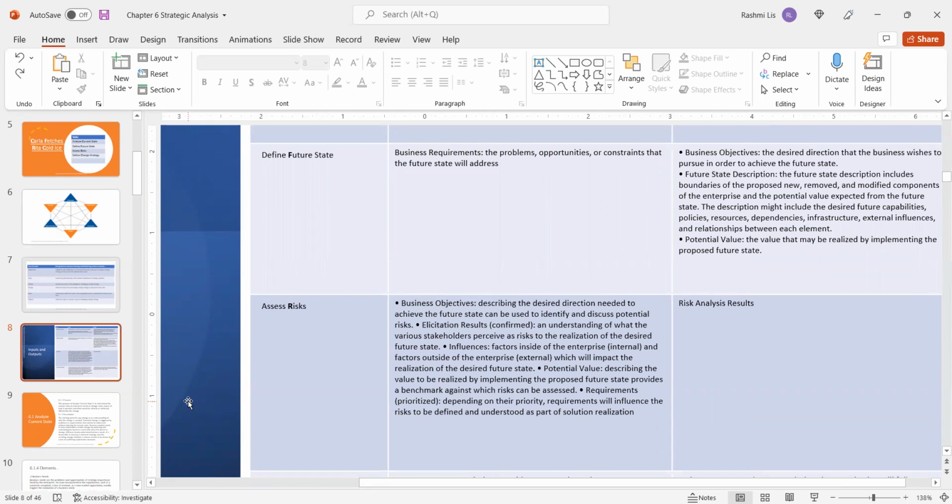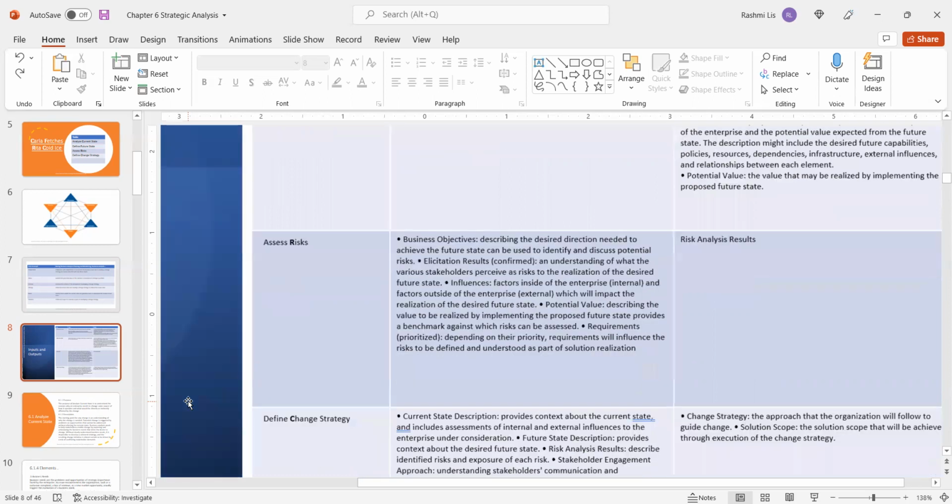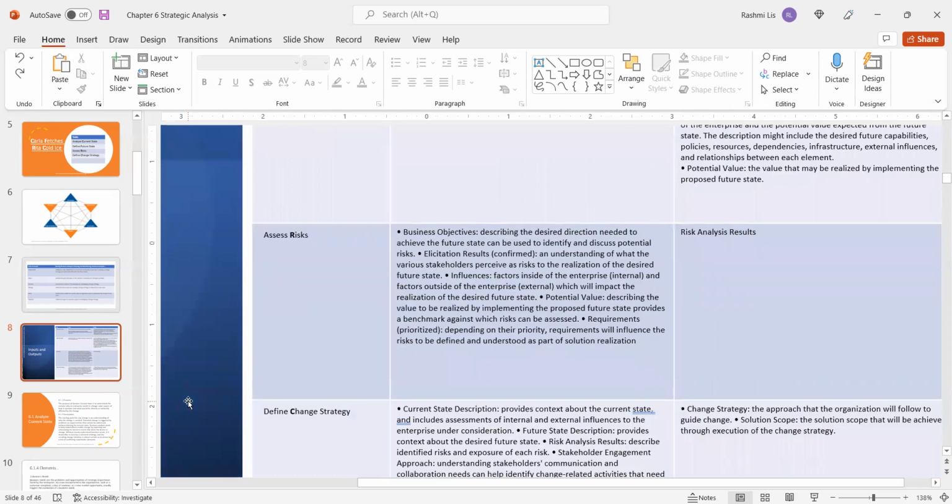Potential value, describing the value to be realized by implementing the proposed future state, provides a benchmark against which risks can be assessed, and requirements, which are prioritized. Depending on the priority, requirements will influence the risks to be defined and understood as part of the solution realization. The output is risk analysis results.